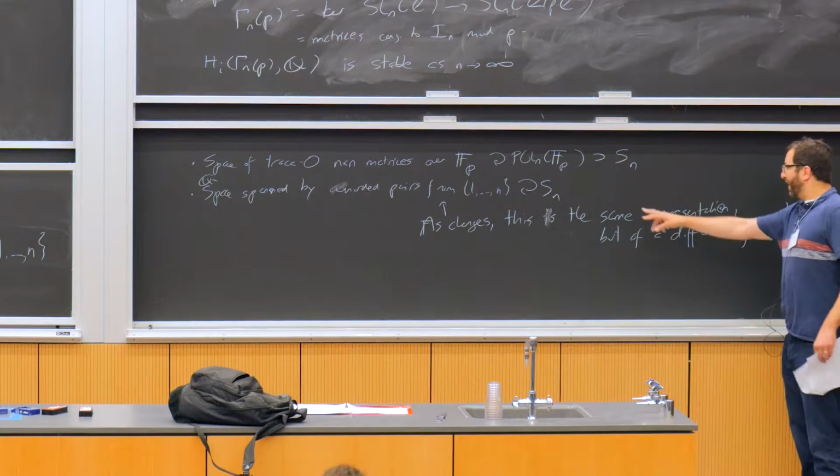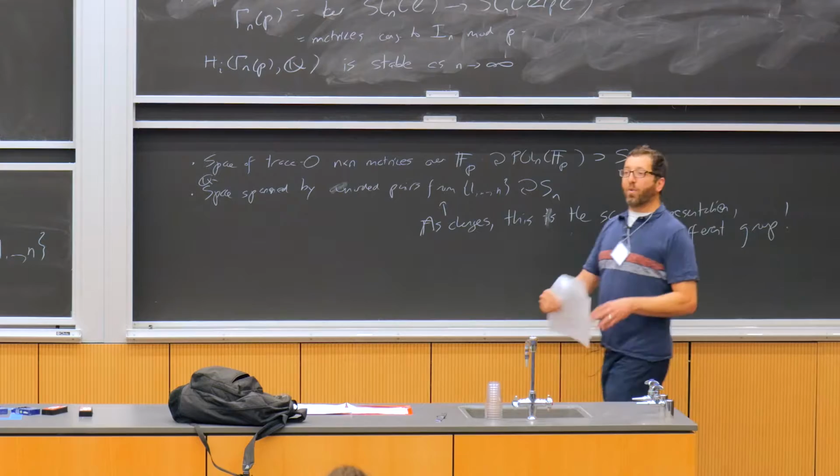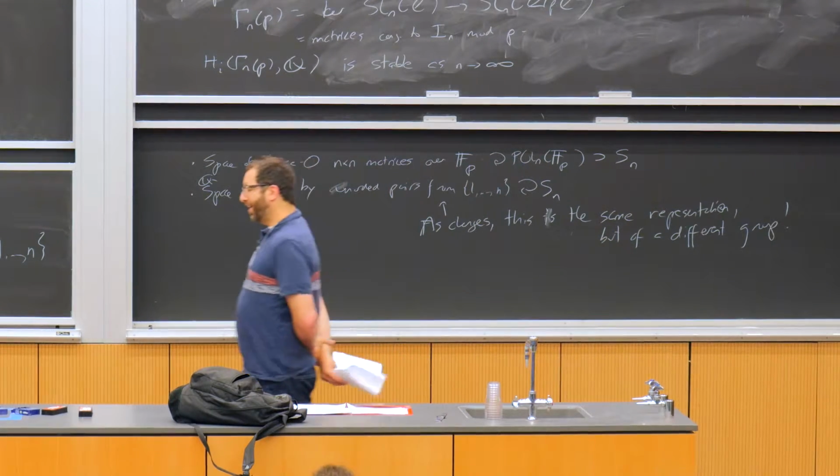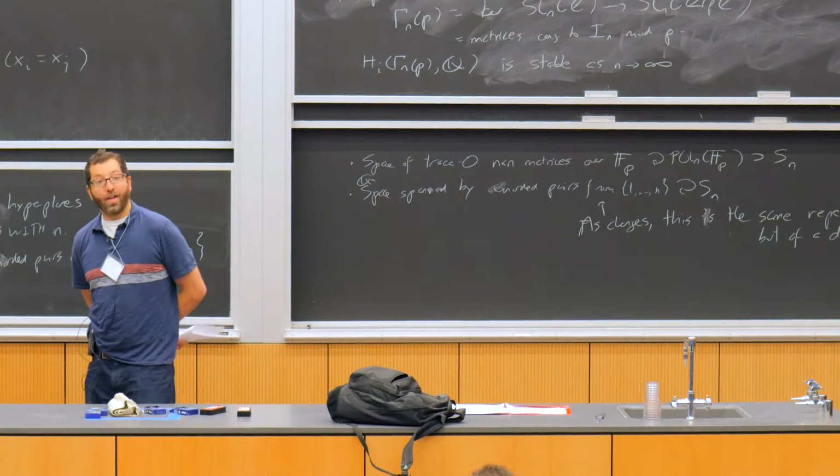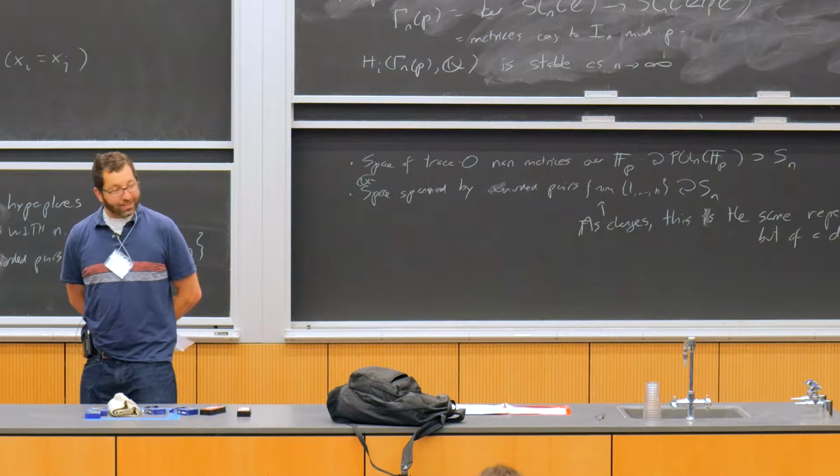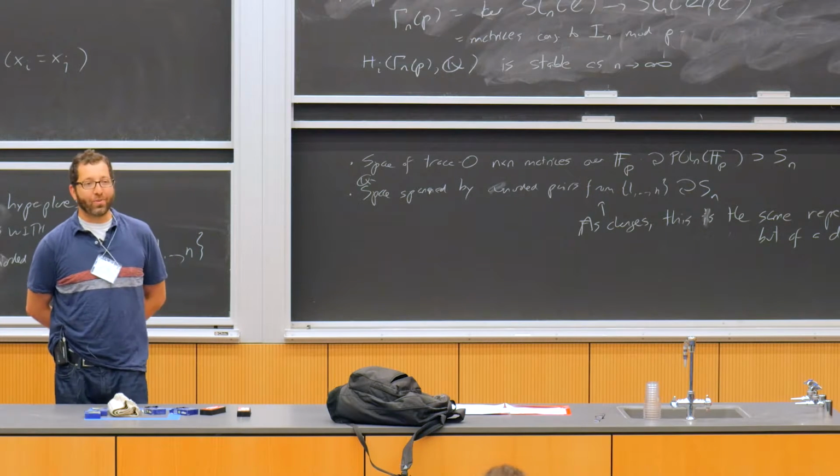I mean, n is growing, and so it's a different symmetric group, but it's always the representation on the unordered pairs. So somehow we can see that it's always the same thing, even though n is changing.